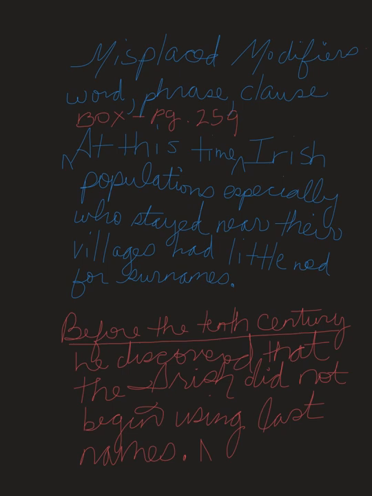There is a box on page 259 that gives a list of 10 different words that can modify other words. And these are very often misplaced describing words, okay? Adjectives and adverbs.